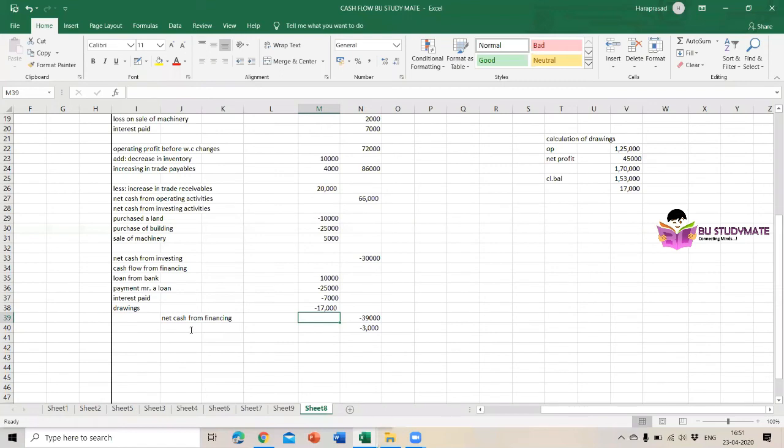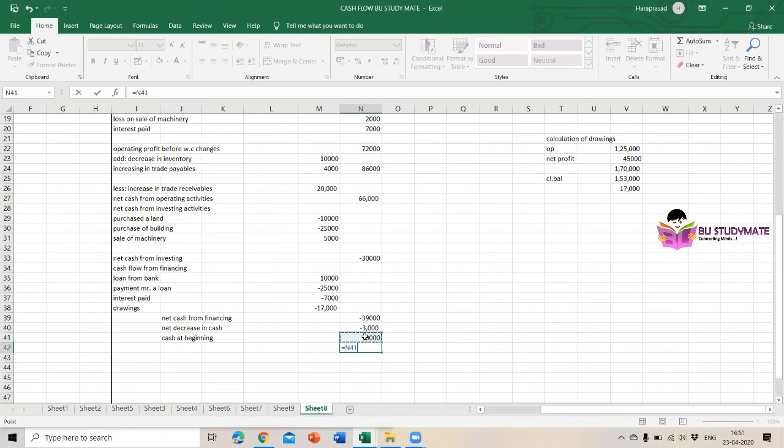So net decrease in cash. Then cash at the beginning is how much? 10,000. At the end we have to make 10 minus 3,000, 7,000.